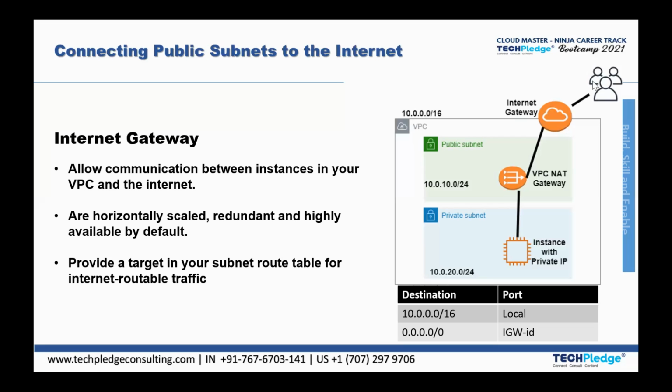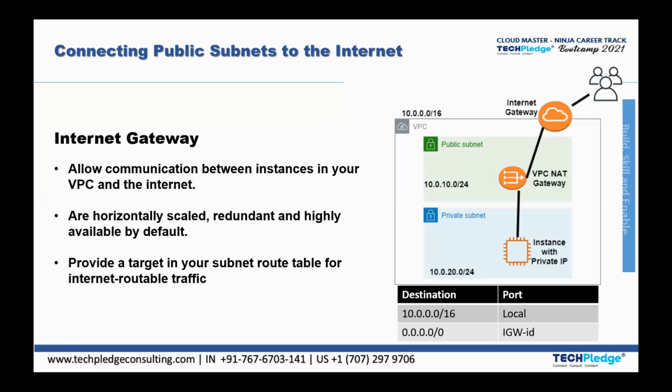Now, in this routing table, we have two parameters, destination and target. 0.0.0.0/0 is the internet gateway ID. We are considering some examples here. Let's take a look at these three points. It is said to allow communication between instances in your VPC and the internet.